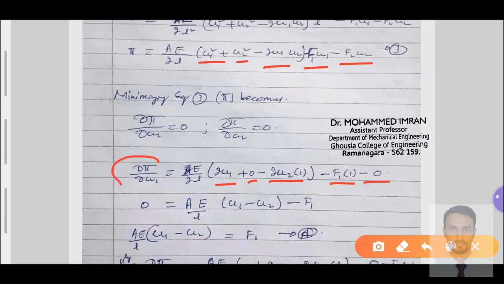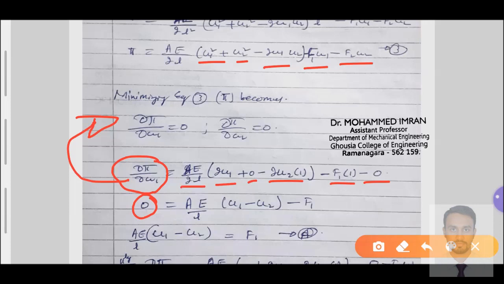Then we know the principle of minimum potential energy functional states that dou pi by dou x is equal to 0, so dou pi by dou u1 is equal to 0. Then this value is equal to 0.